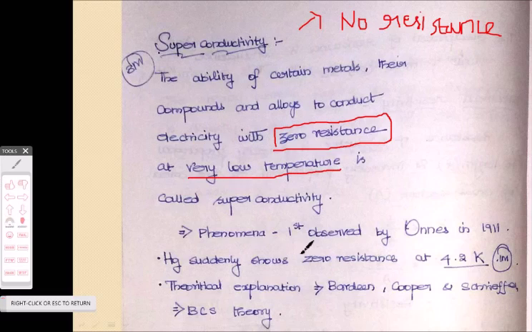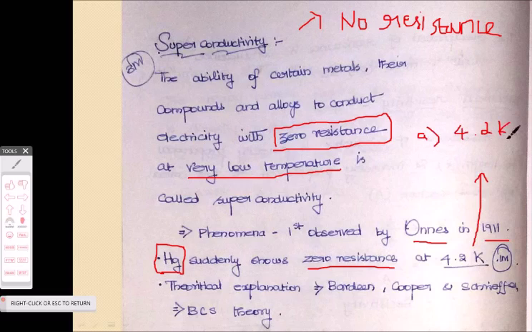The phenomenon was first observed by Onnes in 1911. He found that Hg, which means mercury, suddenly shows zero resistance at 4.2 Kelvin. At what temperature? 4.2 Kelvin. You may be confused with the options: A, 4.2 Kelvin, B, 4.2 degree Celsius, C, 4.2 degree Fahrenheit.